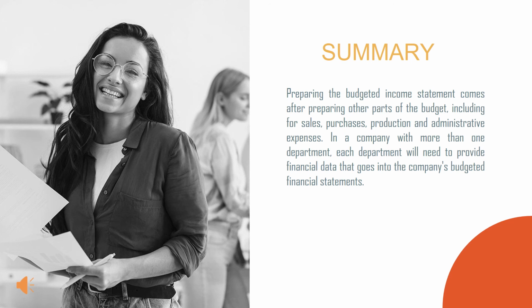And in a company with more than one department, each department will need to provide financial data that goes into the company's budgeted financial statements. So, this is really work that is supposed to be done with the help of many departments in a company.